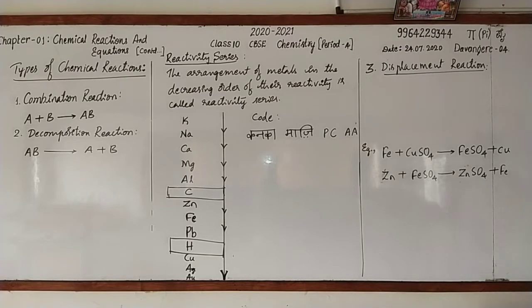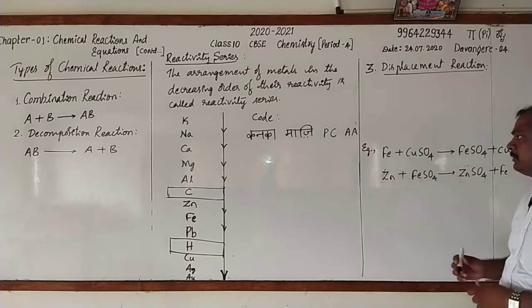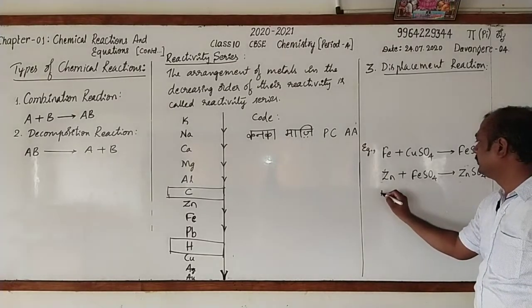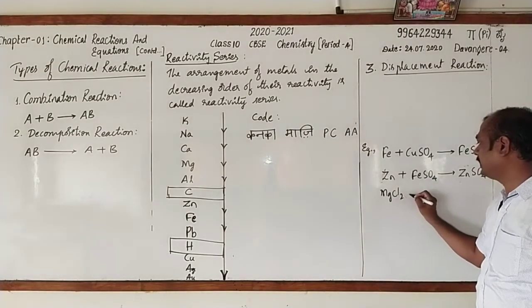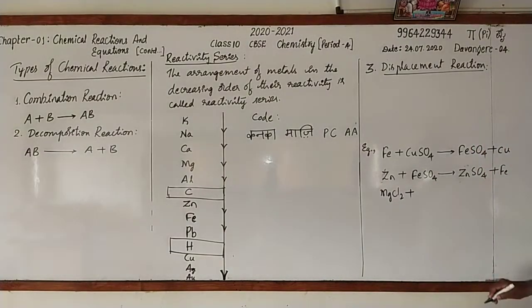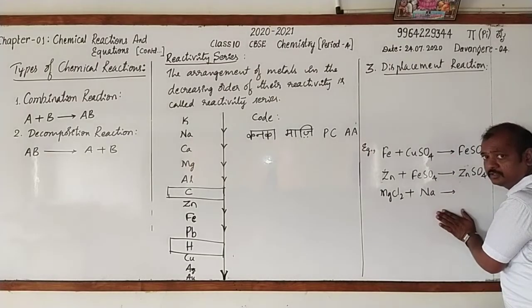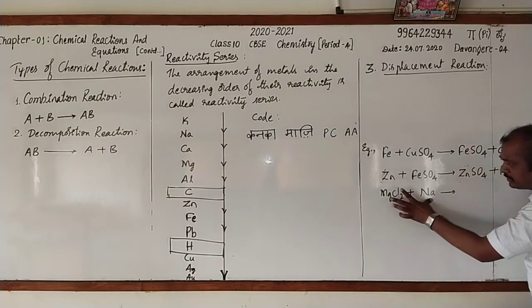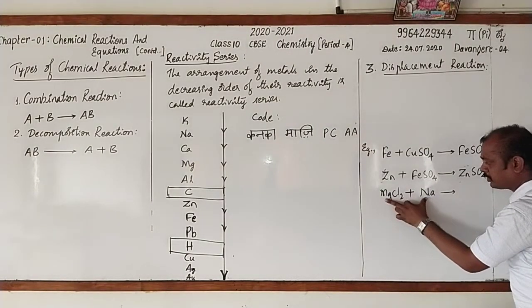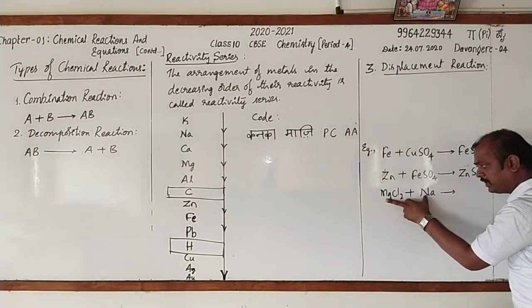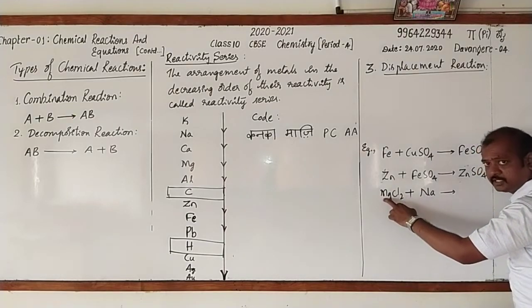Clear now? I take one more example, that is magnesium chloride plus sodium. Is it possible to get the displacement reaction? Observe sodium and magnesium. Which is more reactive? Sodium. Then can sodium displace magnesium?